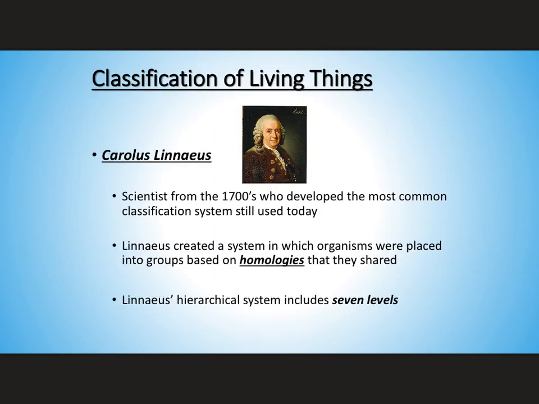Now, the first and, well, probably not the first, but definitely the most famous taxonomist is a man named Carolus Linnaeus. Now, Carolus Linnaeus is a fun story, sort of. This guy's name is actually Carl von Linné, but he was obsessed with Latin, right?